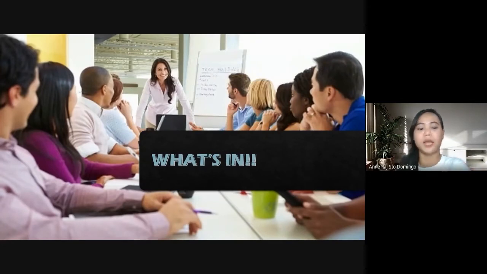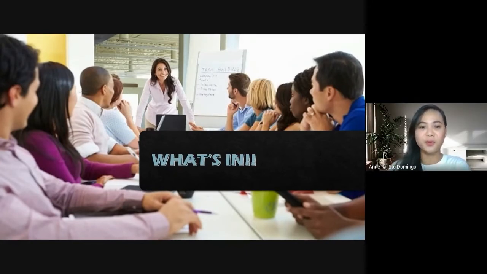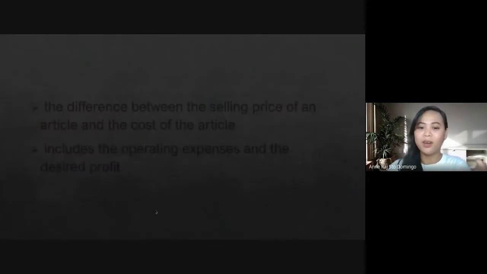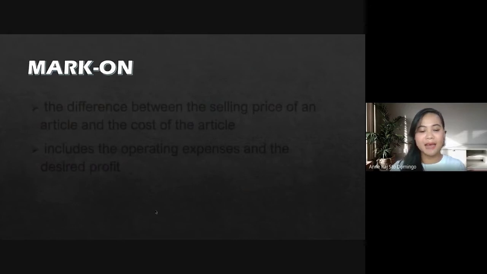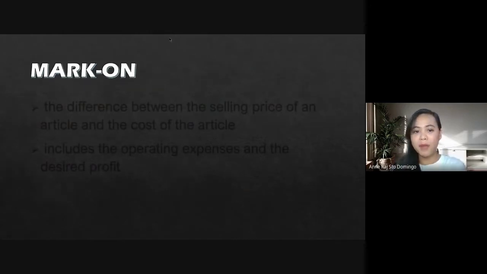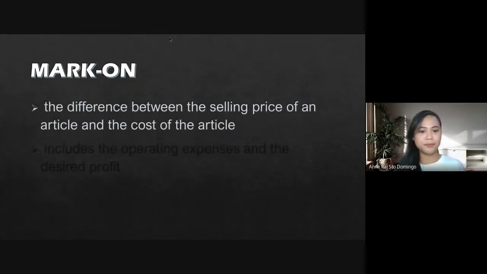So, ano nga ba ulit yung topic natin? Anyone? Yes, Junabel. Mark on, mark up, markdown. Yes. Now, we are going to elaborate what is the topic all about. First, let's have the mark on. Yung mark on, this is the difference between the selling price of an article or the item and the cost of the article.